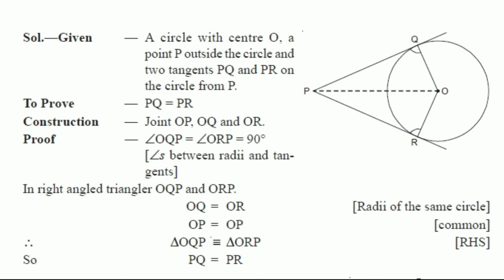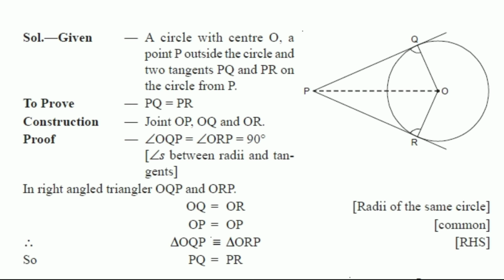Again, OP in triangle OPQ and OP in triangle OPR are of equal measure because the side OP is common in both triangles. So we write OP equal to OP, common, and therefore we have triangle OQP congruent to triangle ORP. This is by the axiom of RHS congruency.